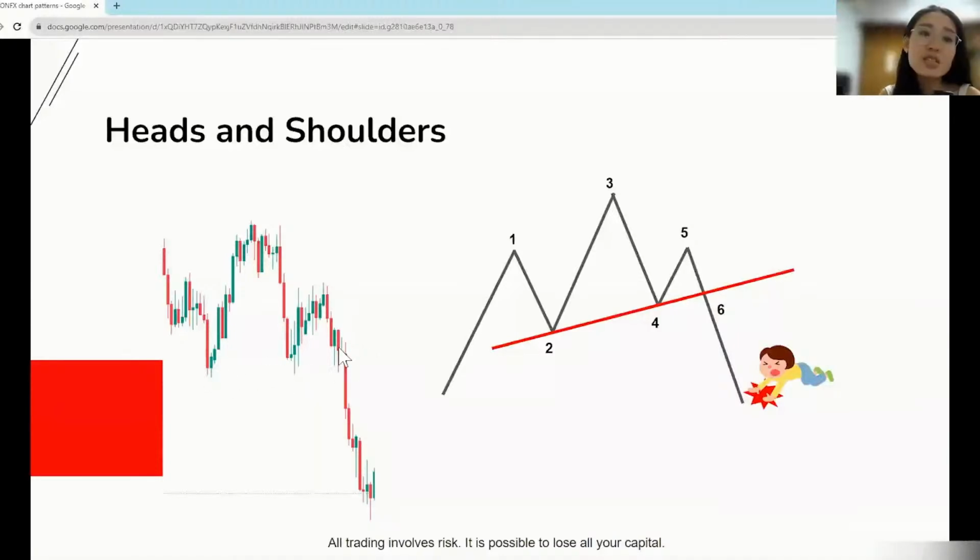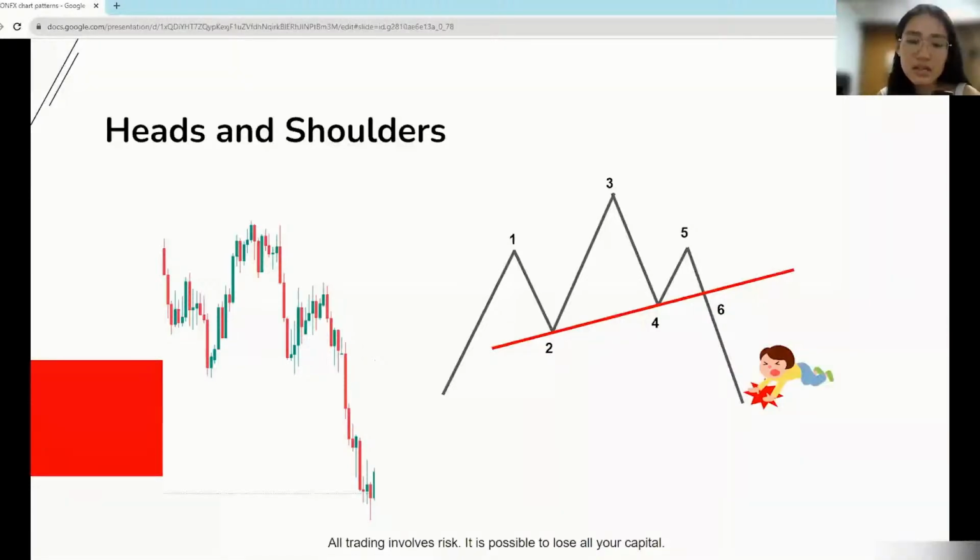If I extend it out, once price breaks out of that line, then we have confirmation that price is going to continue lower. Pretty straightforward. Let me know if you guys have any questions, of course, but pretty straightforward so far.